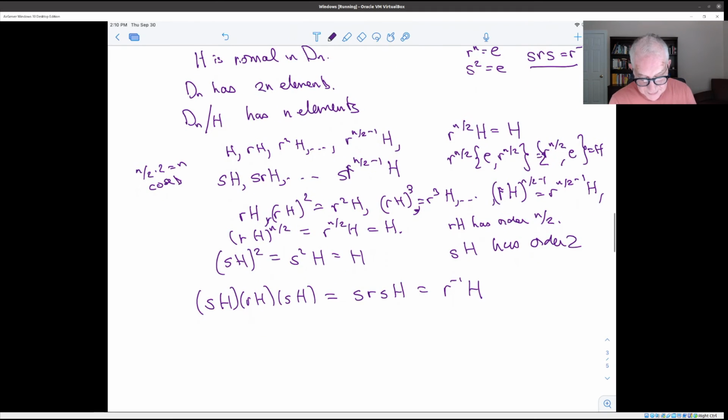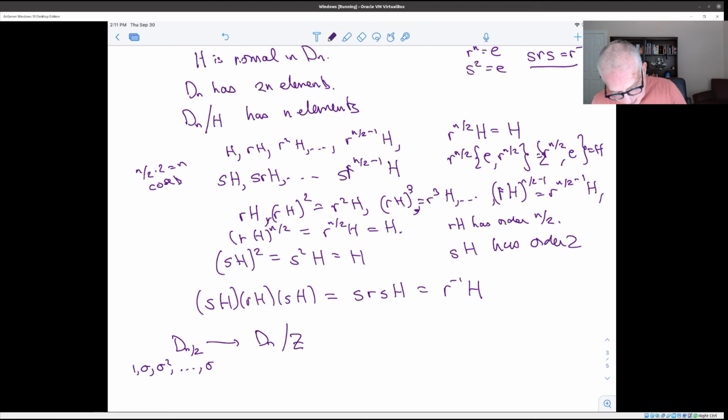So this looks exactly like a dihedral group. And to see the isomorphism from Dn over 2 to Dn mod its center, it's probably easier to write it in the other direction. Instead of R and S, to keep them straight, we'll call them 1, sigma, sigma squared out to sigma to the n over 2 minus 1, and then we have tau, tau sigma out to tau sigma to the n over 2 minus 1, where tau squared is the identity, and sigma to the n over 2 is the identity, and tau sigma tau is sigma inverse.